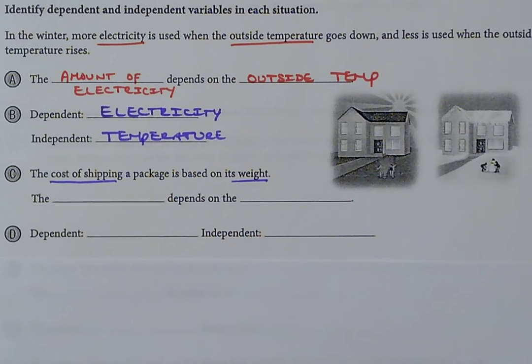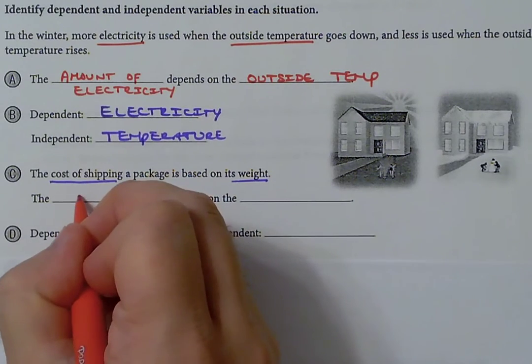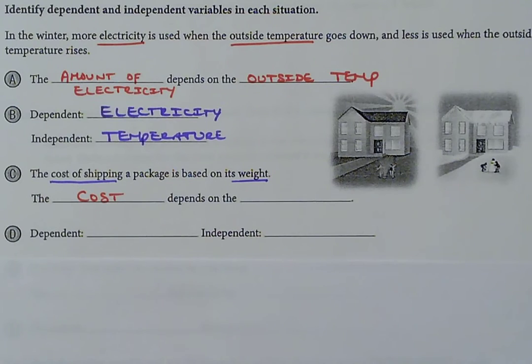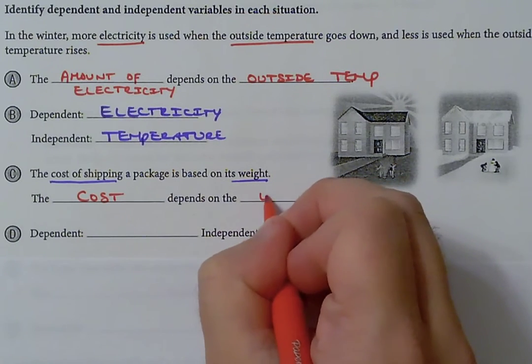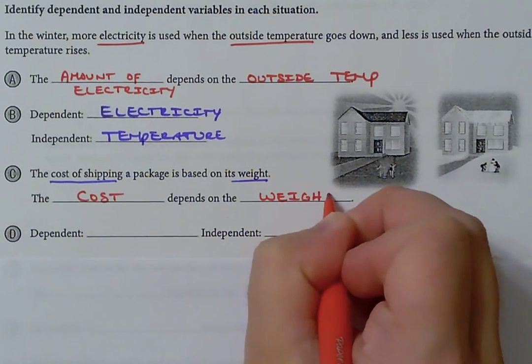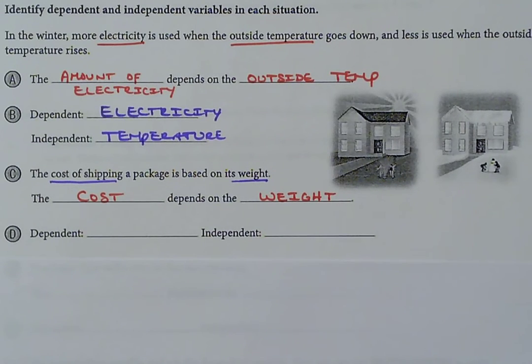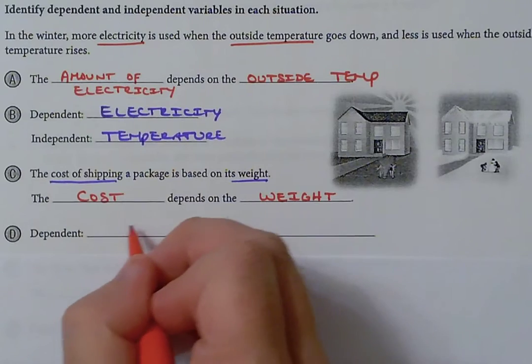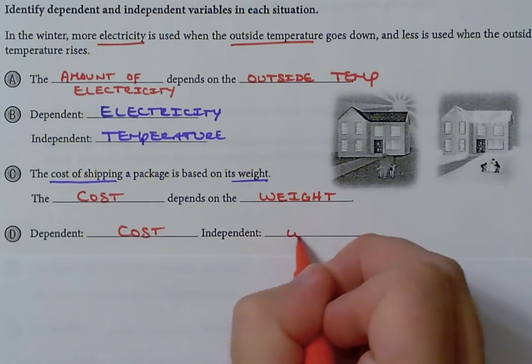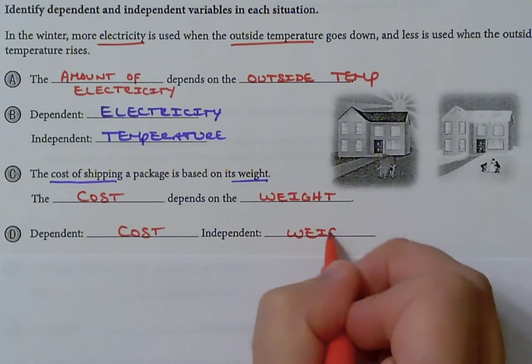Well, in this case, the cost to ship a package is going to depend on the weight. The heavier the package, the more it costs. The less heavy a package, the less it's going to cost. So that means my dependent variable is cost, and my independent is going to be the weight.